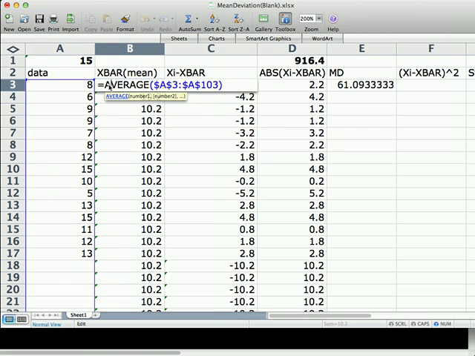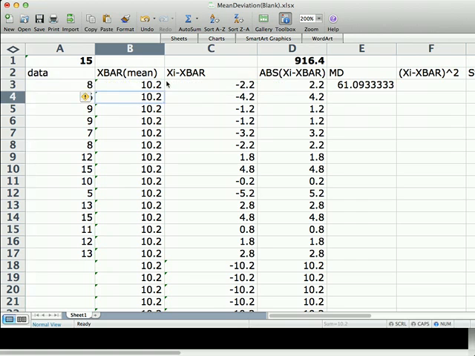Let's learn a little bit of Excel here. I'm going to say if this equals blank, then give me blank. Otherwise, give me the average.